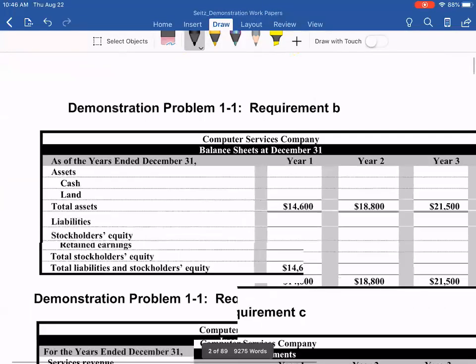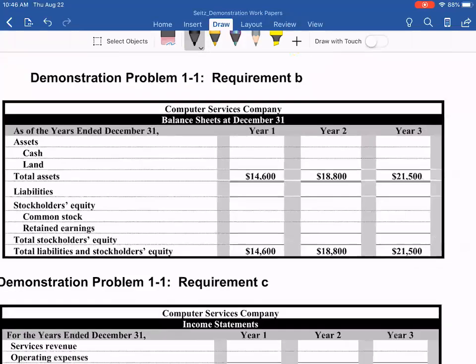All right. So my cash balance for year 1, 14,600. Land, there was no land, so that leaves my total assets of 14,600. My liabilities as of the end of the year was 5,000. Stockholders' equity is broken down. Common stock would be 9,600 for the retained earnings.